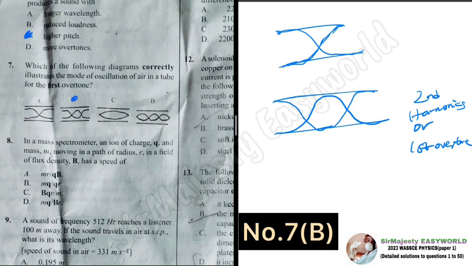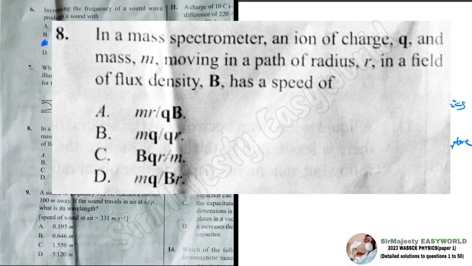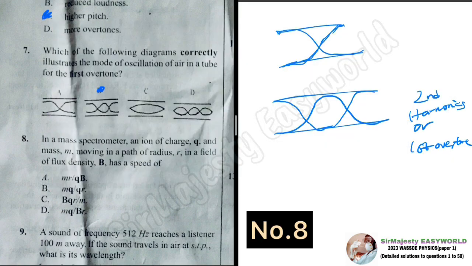So in a mass spectrometer, an ion of charge Q and mass M moving in a path of radius R in a field of flux density B has a speed of what? First of all, we should look at what equates both speeds in the two parts of this question.